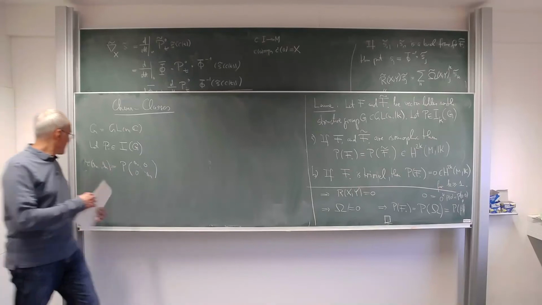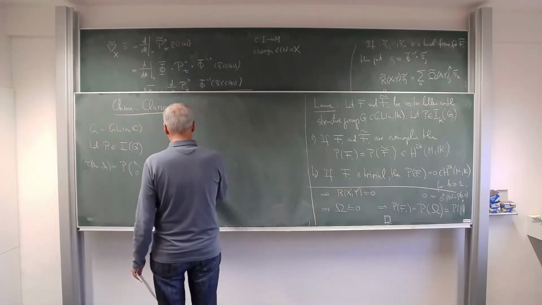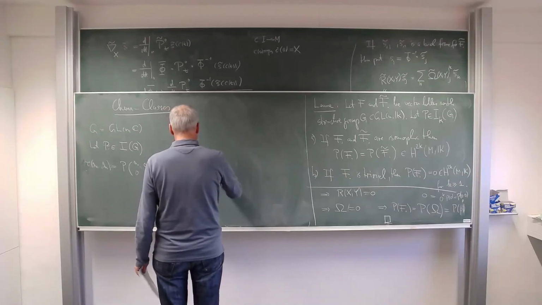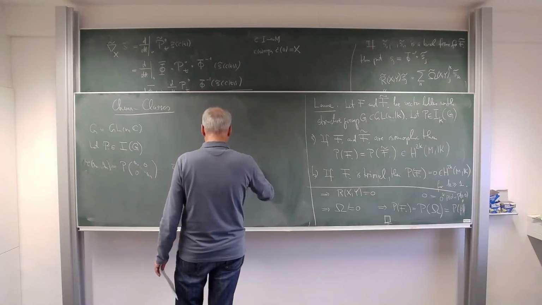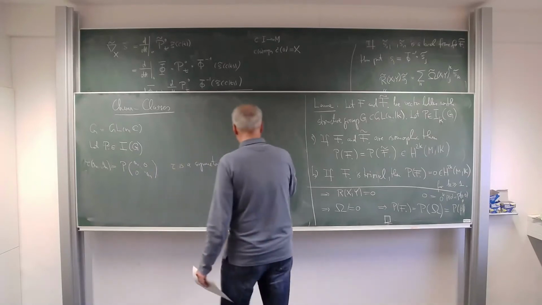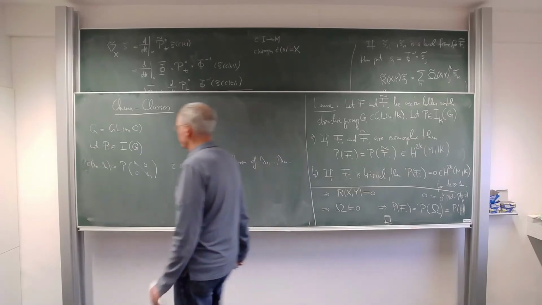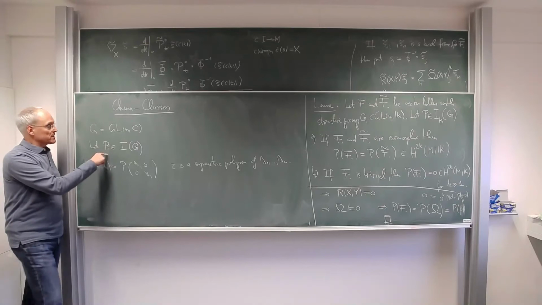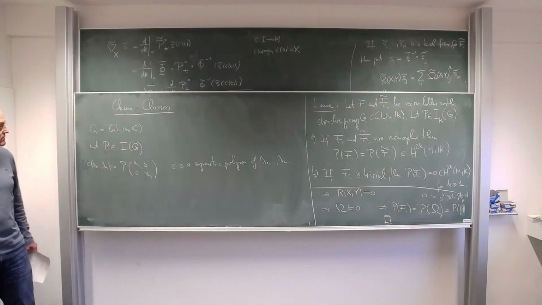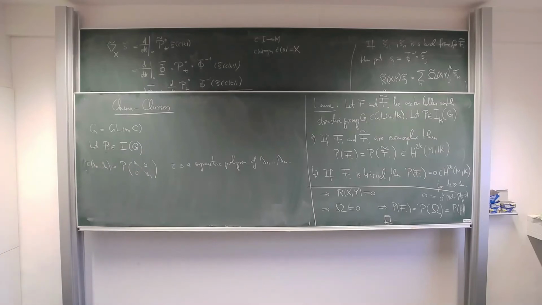So this tau is a symmetric polynomial of lambda 1 to lambda n, of these n numbers. So P is a polynomial of n squared many variables, because we have n by n matrices, but the tau is a polynomial of n entries.